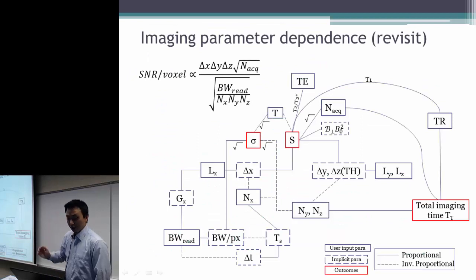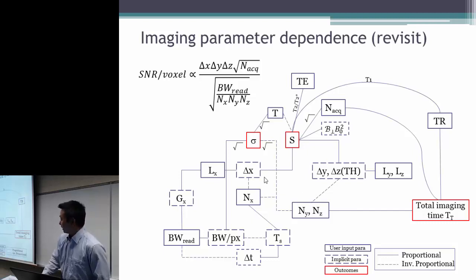When we are doing imaging parameter optimization, we usually need to understand how all these parameters are connected to each other. Here is a connection map that I made based on my own experience on Siemens scanners.